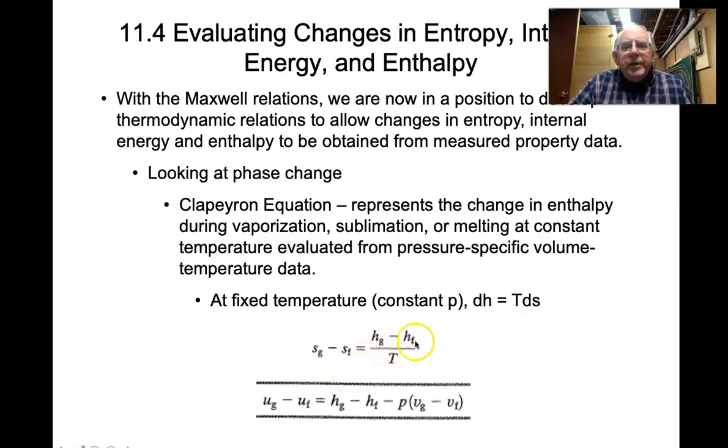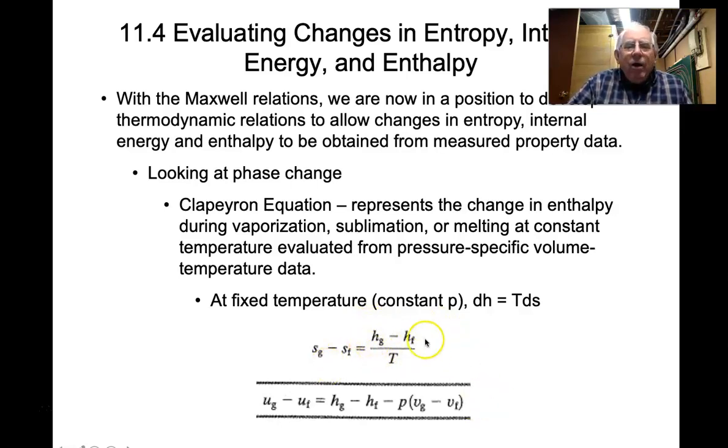That's the enthalpy change across the dome, and we can relate that then to the entropy change across the dome. And so the Clapeyron equation gives us this representation of enthalpy and entropy.